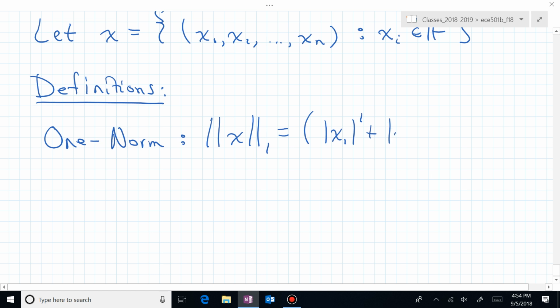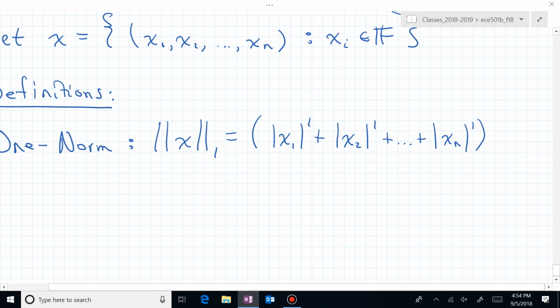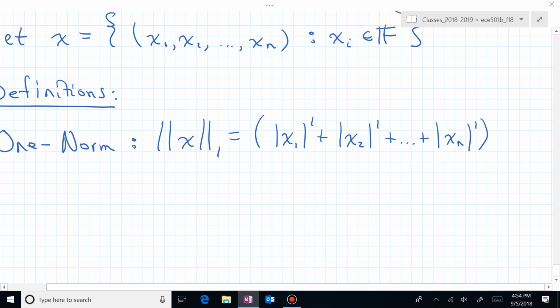We take the magnitude of the second coordinate in the x vector and raise that to the first power. We keep going, x sub n raised to the 1, and we now raise that whole sum to the 1 over 1.